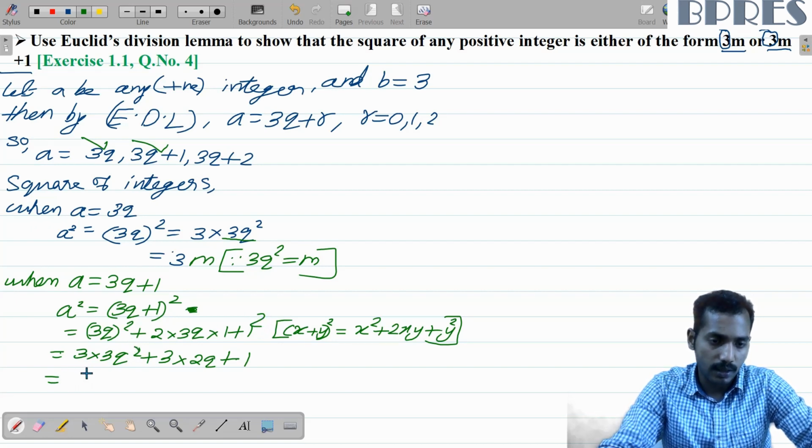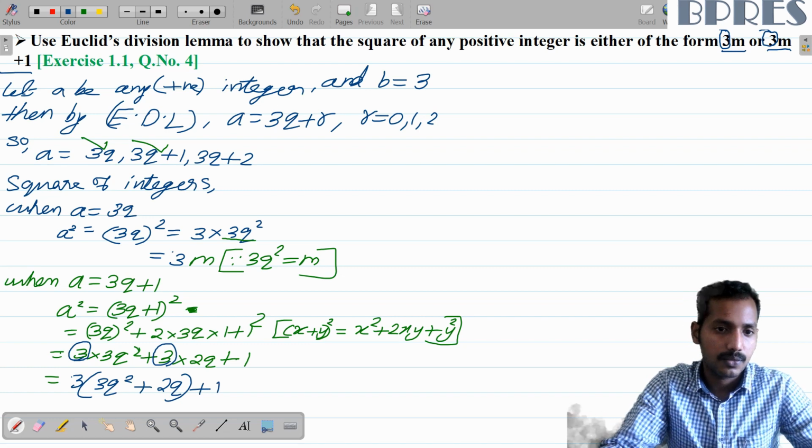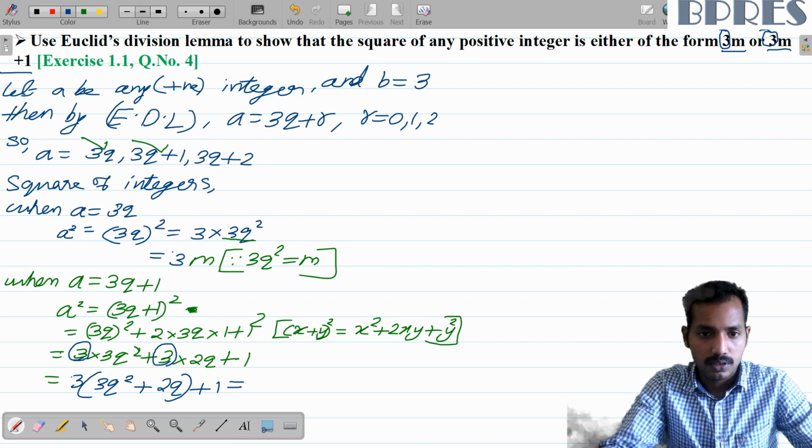Now see here, in the first term 3 is available, and in the second term also 3. So we take 3 outside and write the remaining terms here: 3 into 3q square plus 2q, plus 1. We substitute the entire term 3q square plus 2q as m, then the remaining 1 here, since 3q square plus 2q is equal to m.